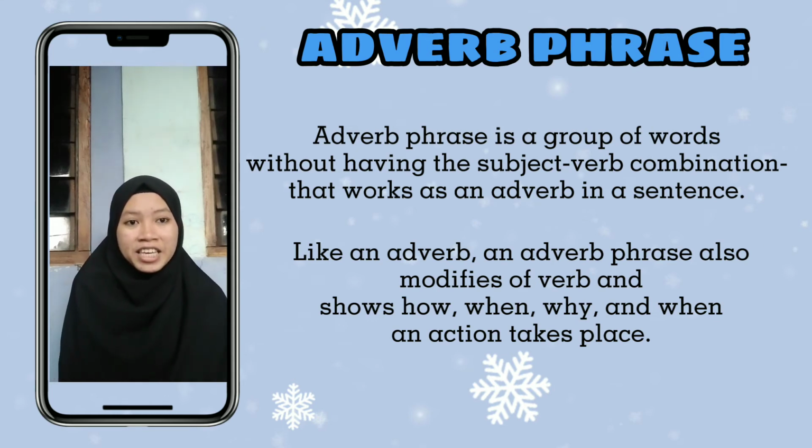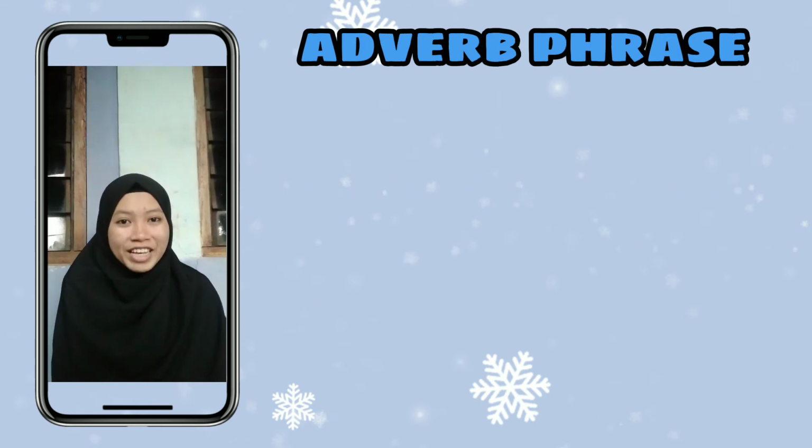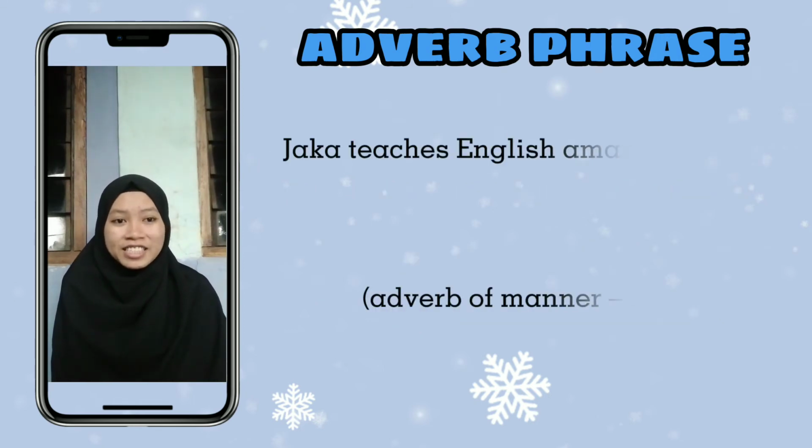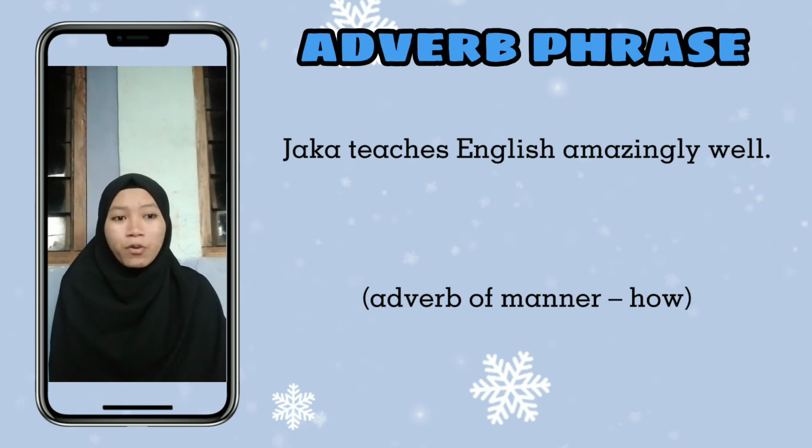Jadi layaknya adverb biasa, keterangan biasa, adverb phrase ini juga menunjukkan tentang how, bagaimana, kapan, mengapa, dan di mana kejadian atau action tersebut. For example, Jaka teaches English amazingly well.